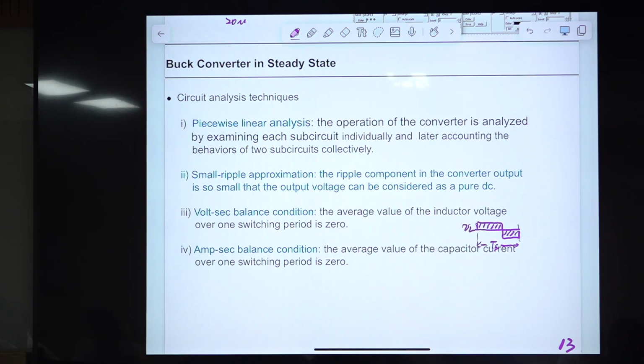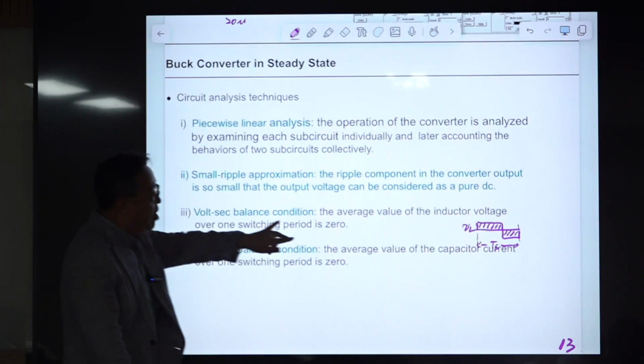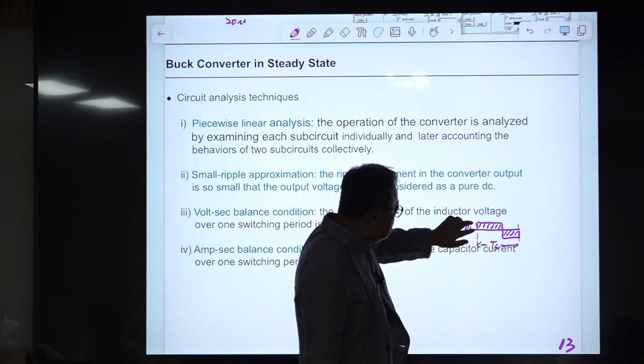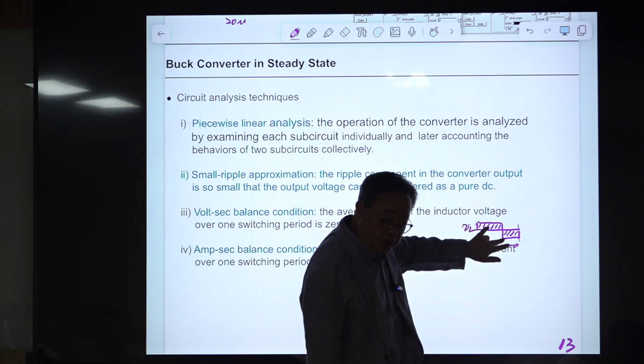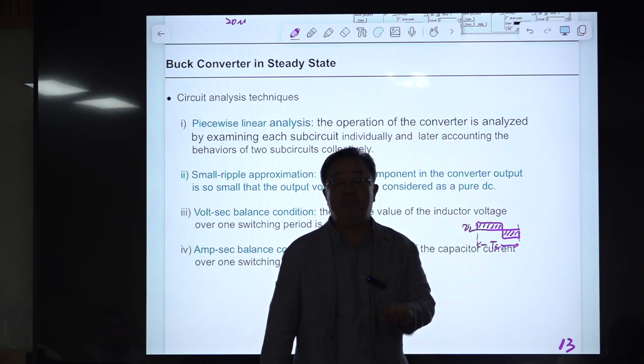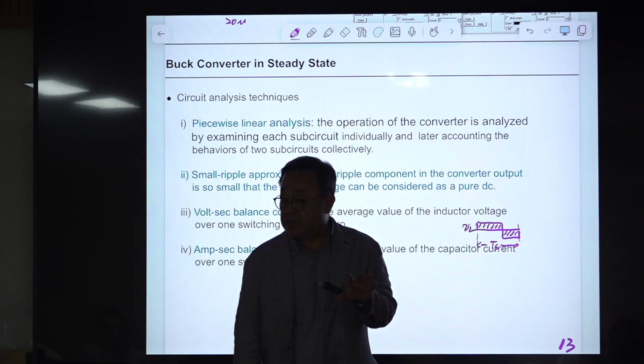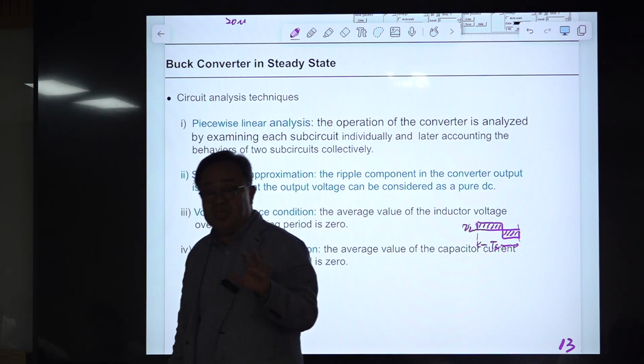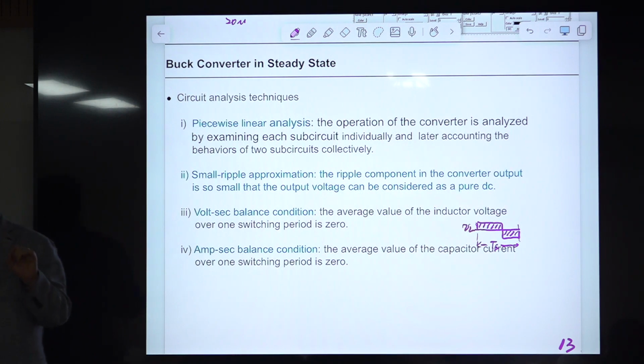Otherwise, what will happen? If this is not met, and this one is slightly larger than that one in terms of area, then the inductor will be saturated. You know what inductor saturation is. Upon saturation, the inductance of the inductor suddenly becomes 0.